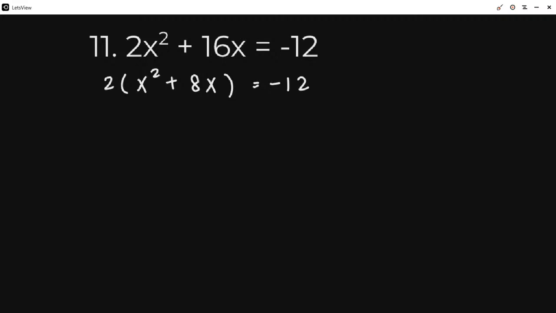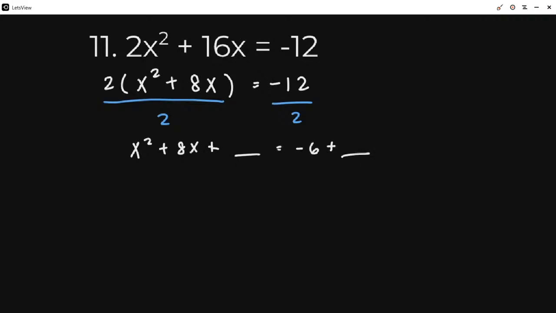Okay, so from here we can actually divide by 2 to get rid of that 2. So that would be x squared plus 8x plus something will equal negative 6 plus something. So this is going to be 8 over 2 squared, which is 4 squared, which is 16. So we're going to add 16 to both sides.